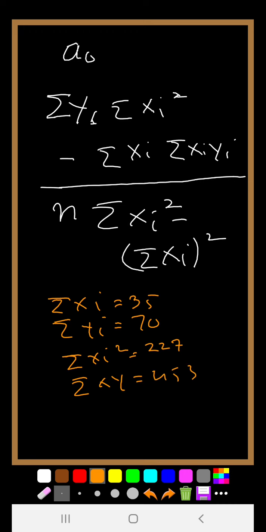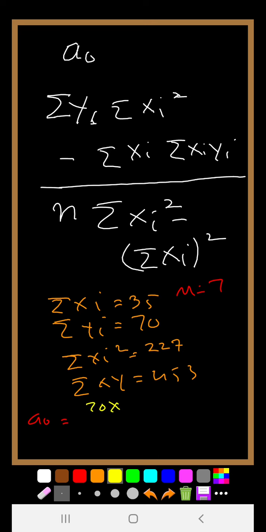So we put all the values here, and the number of variables n is equal to 7.